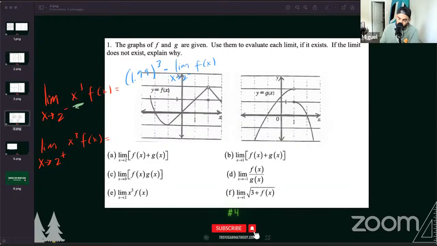Looking at the graph, 2 from the left, it is also about 1.999. So right now our limit is 1.99 cubed times 1.99. If you were to estimate this, because it's about 2, really this is like 2 cubed times 2. So then we can say that this is going to be 16.